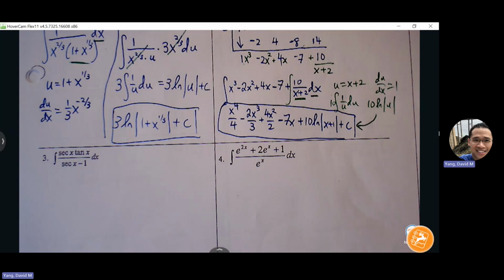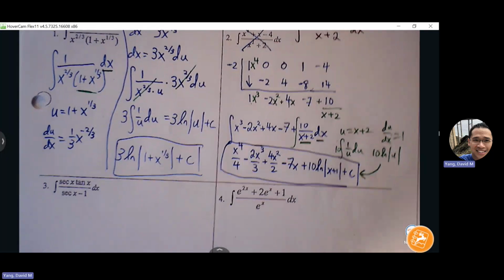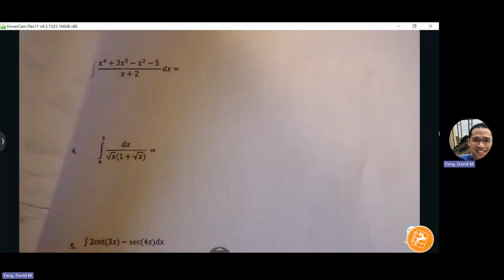You always add plus C? Yes. If there are no bounds, I need to have a plus C at the end. Will you give us ones with bounds? Yes, we did some today in class. On the back page, you'll see some bounds.